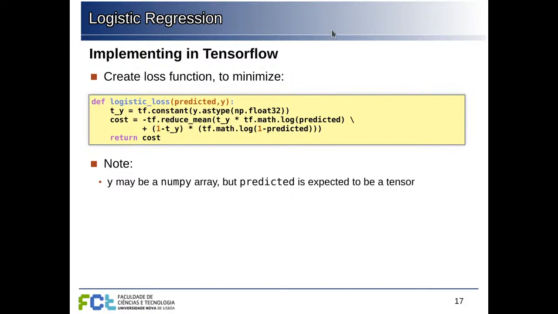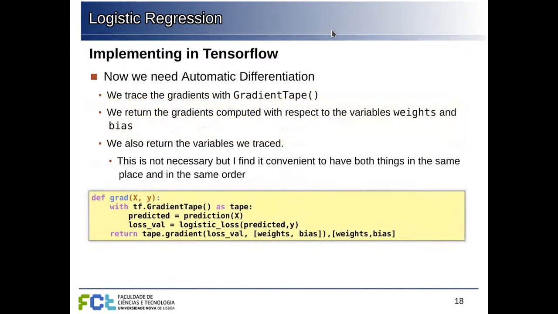So we wrote the functions to compute the predictions of our model. We wrote the function to compute the logistic loss, the loss function that we want to minimize. And now we need to train our model. So in order to train our model, we're going to use automatic differentiation to compute, or to estimate, the gradient given a batch of examples.